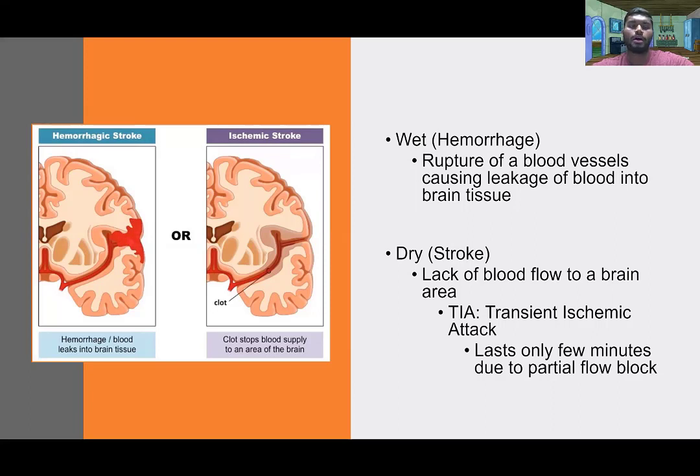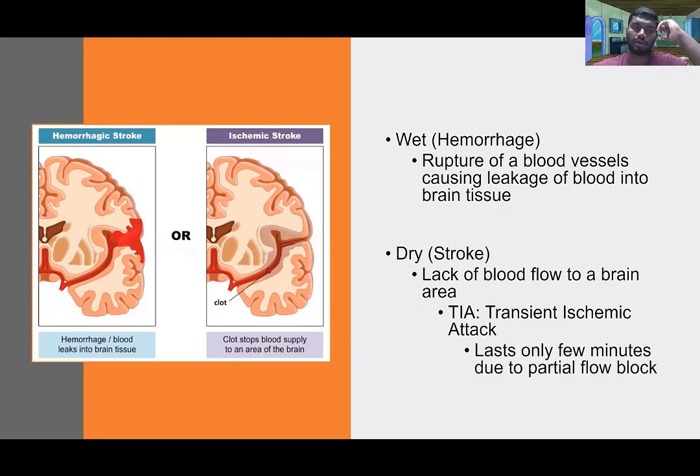Basically the skull can't expand unless you're a newborn and you still have your fontanelles open. It's a closed area. So if you have blood and more matter coming into this area but the area isn't increasing, that means an increase in pressure, which can kill your brain cells.